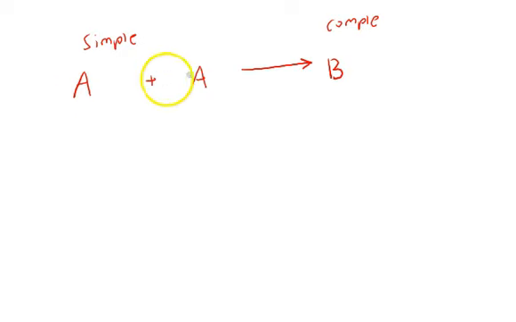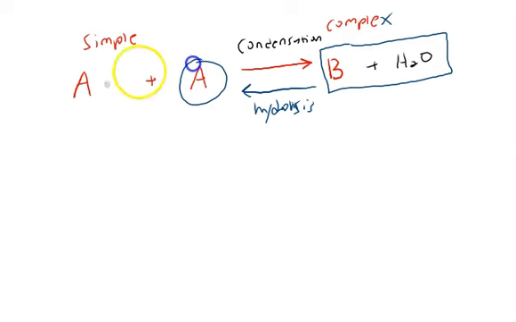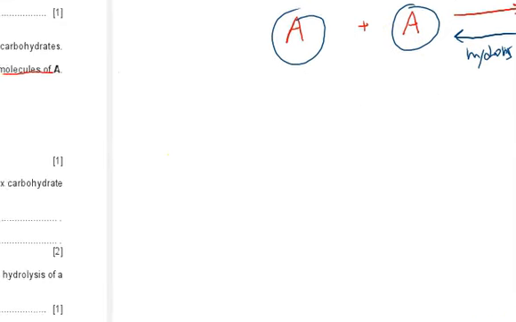So when A plus A undergo a condensation process, it will release water. If you want to go back from complex to simple, we have to do a hydrolysis over here, which is adding water to the complex part, so that you will be getting the simple sugar. Okay, now let us look back at the question.